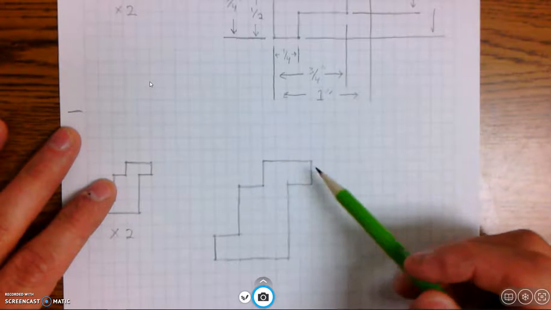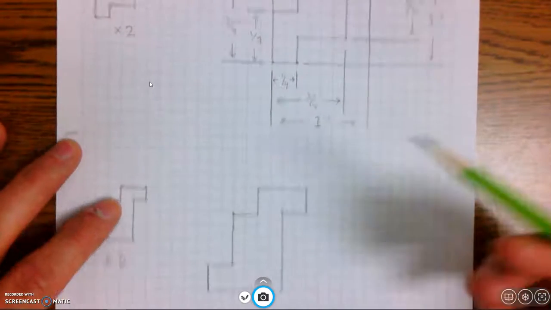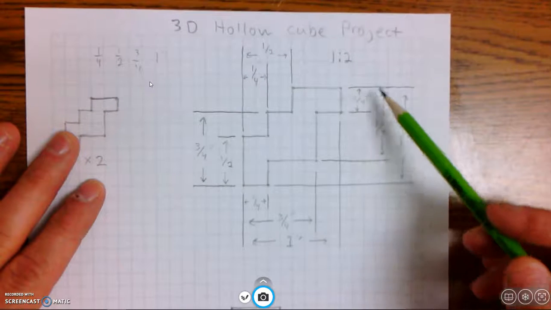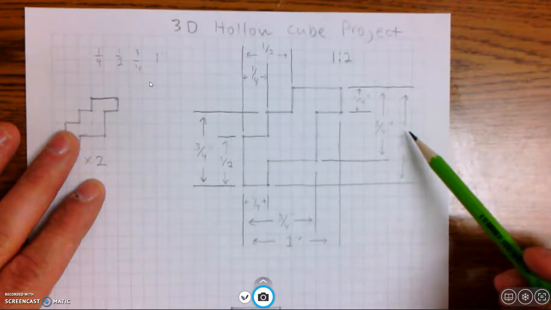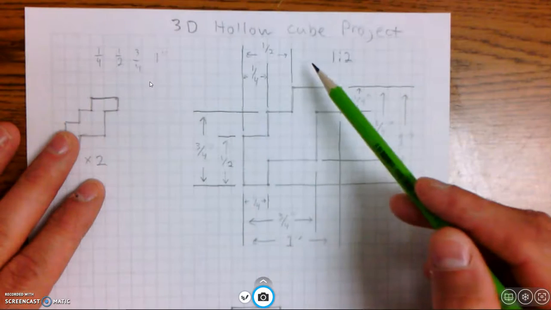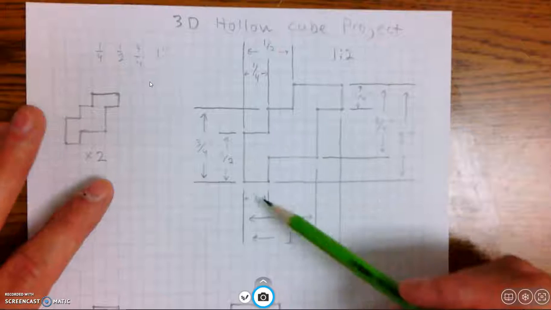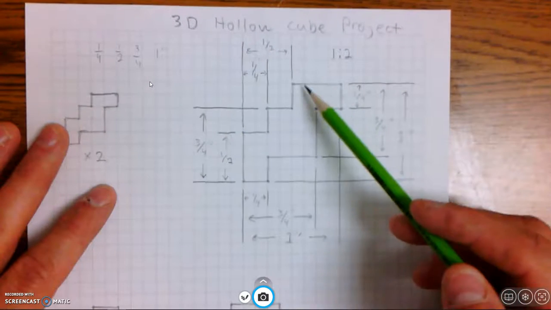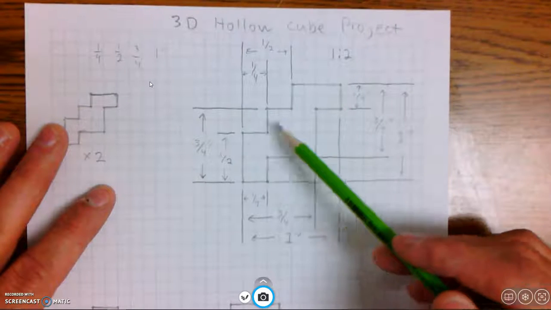Remember, guys, that there's more than one way to do this, as long as you follow some simple rules: you use your extension and dimension lines, you make sure that your dimensions are on the outside of the shape, and you dimension enough so that you have all the information you need without dimensioning every single spot.